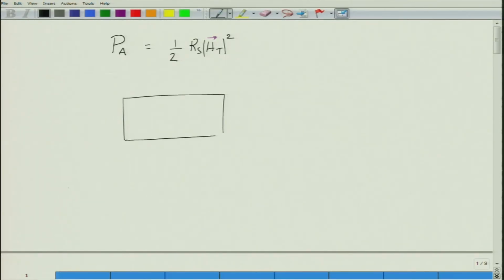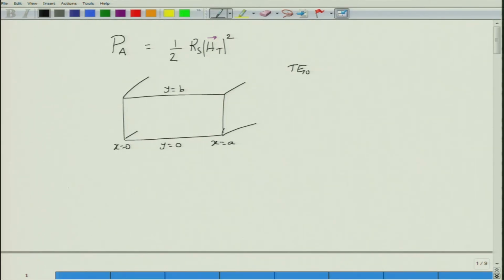Look at the walls of the waveguide: we have 4 walls. There are 2 side walls, one at x equal to 0 and the other at x equal to a, and then 2 walls, one at the bottom at y equal to 0 and the top wall at y equal to b. On this TE10 mode, what field components exist?